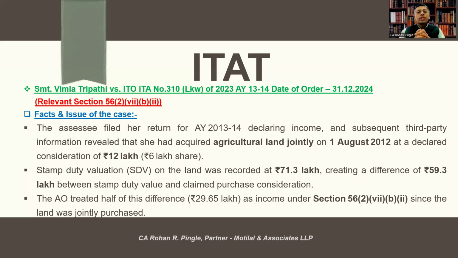The AO treated half of this difference, that is 29.65 lakh, as income under section 56 subsection 2 clause 7 subclause B Roman 2 since the land was jointly purchased.